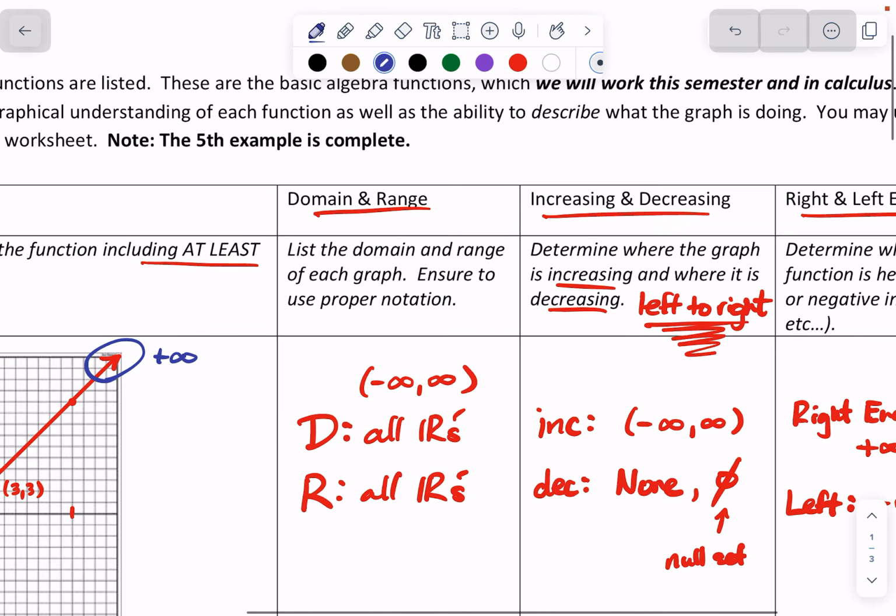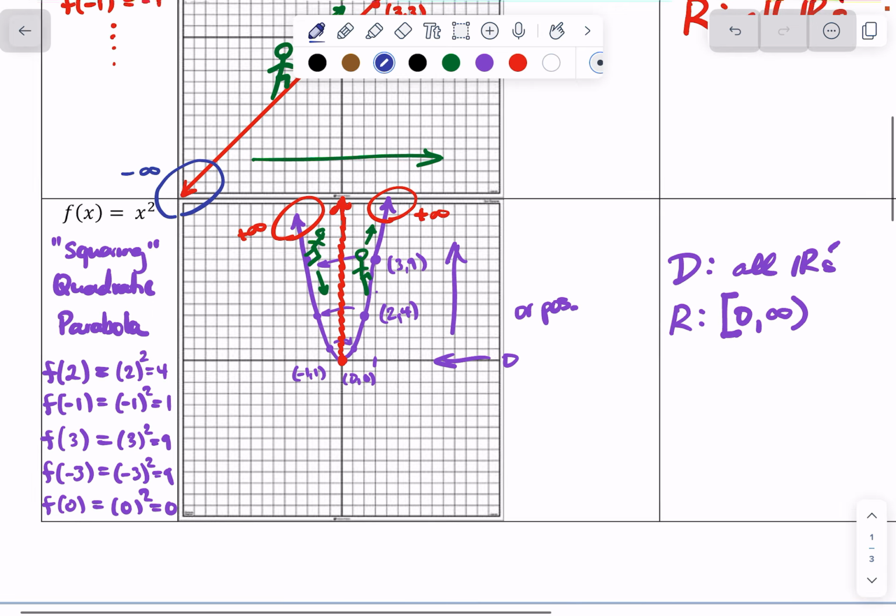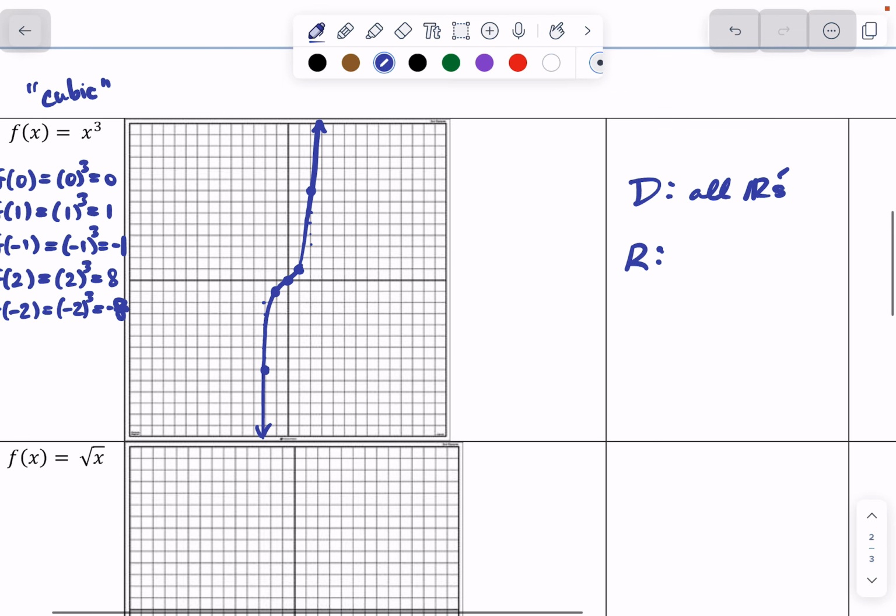All right, so domain and range. Domain, what numbers are we allowed to plug in? All reals, right? Range, different from the quadratic, right? This one covers all real numbers as well, right? So you can get any output you want.